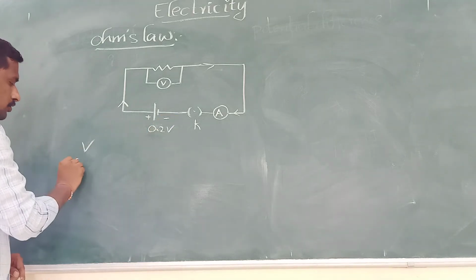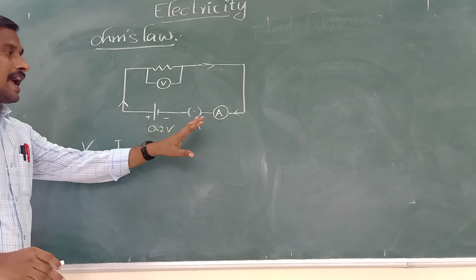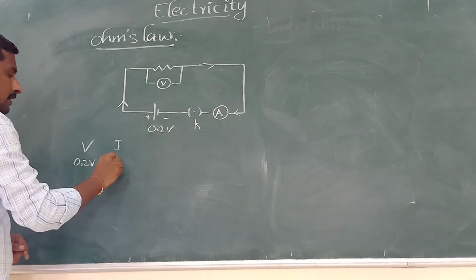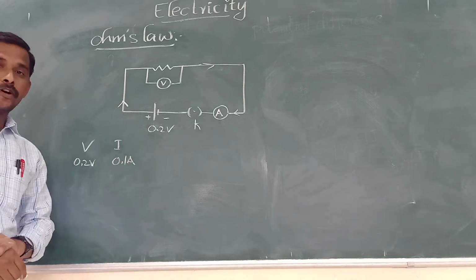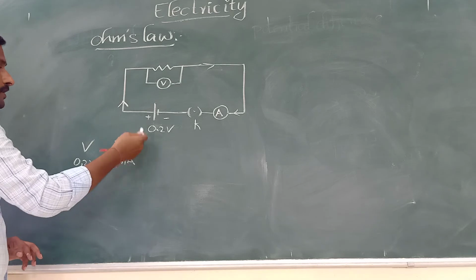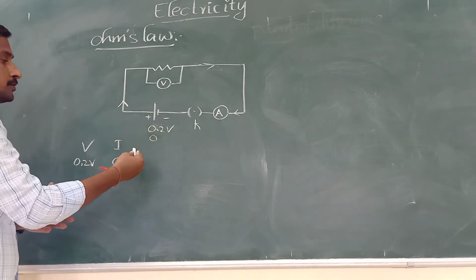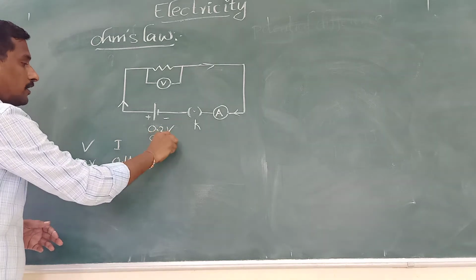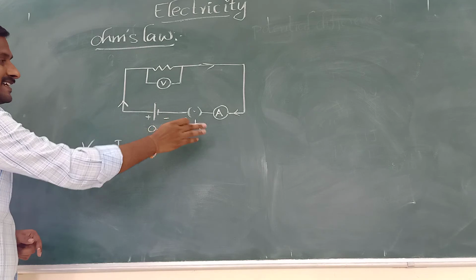When the voltage is 0.2, the ammeter shows 0.1 ampere. Now if we add another 0.2 volt, the total is 0.4 volt. So we see how much the ammeter reads.